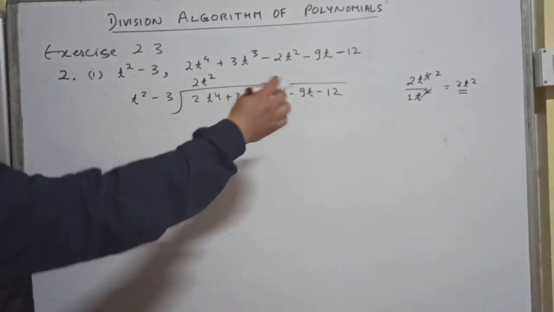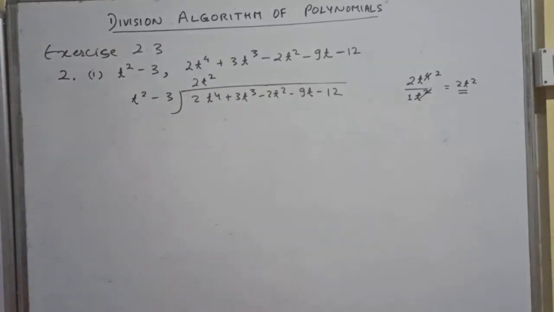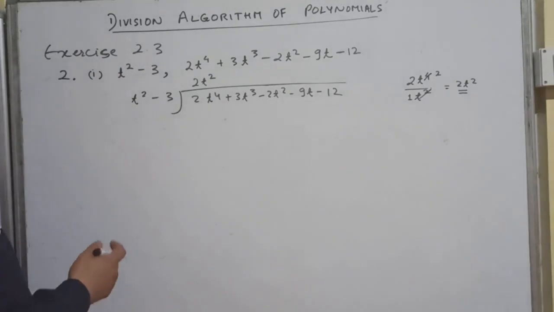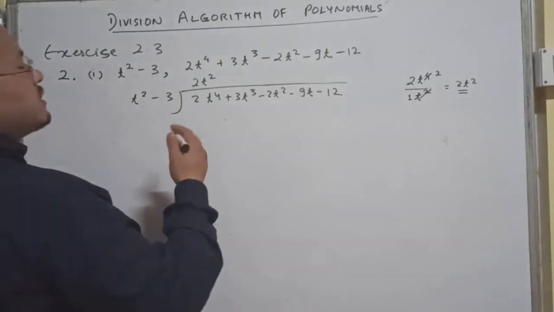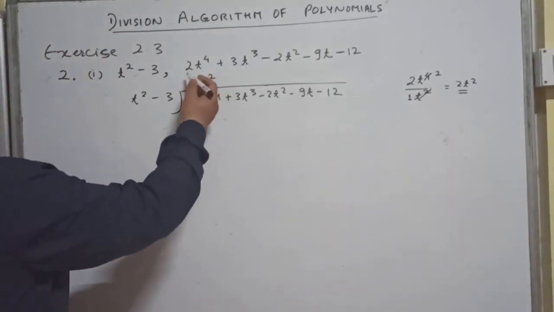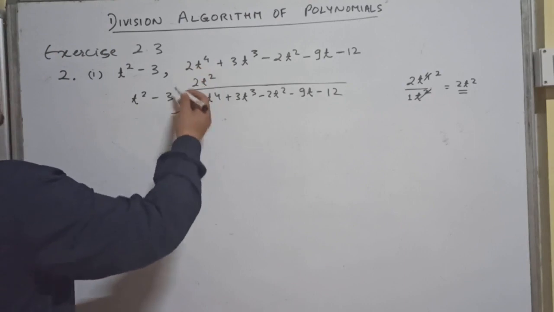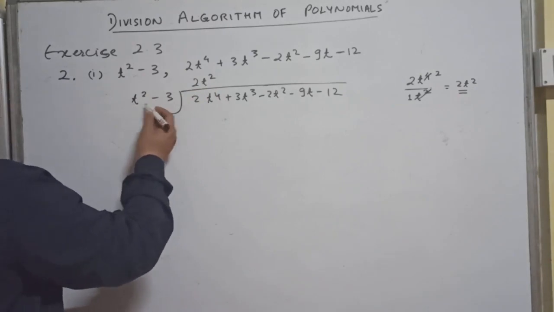This is another method of dividing. I showed you the other method in the first question. You can directly divide it. If you are able to do it, do that. If you are not able to do it, try to do this as well. Now again, we'll proceed with the same process. That is, this 2t square, the quotient, we have to multiply with both the terms.